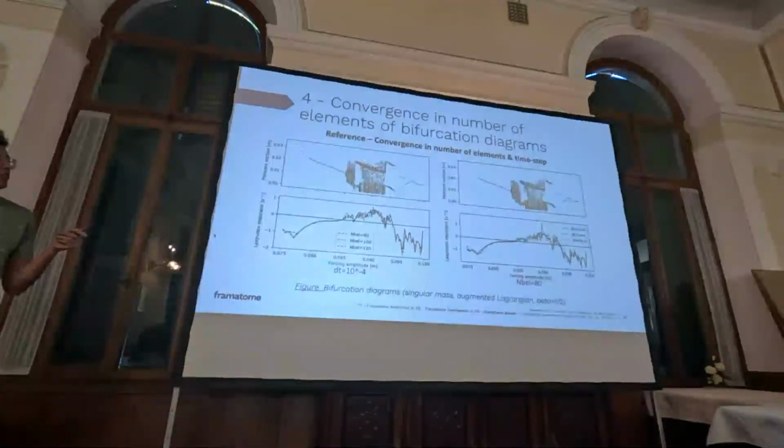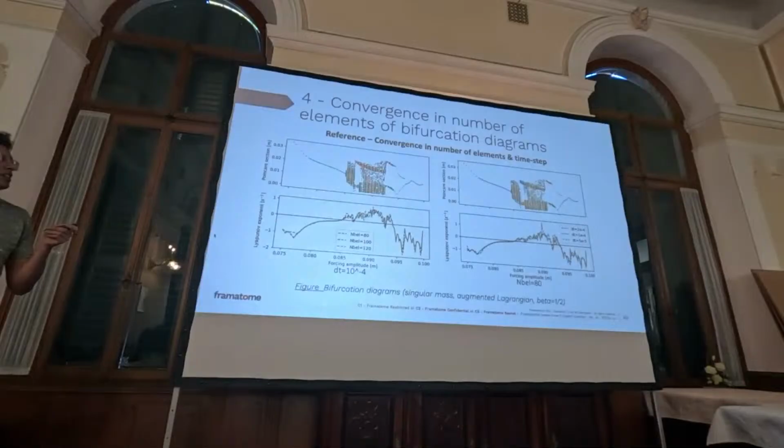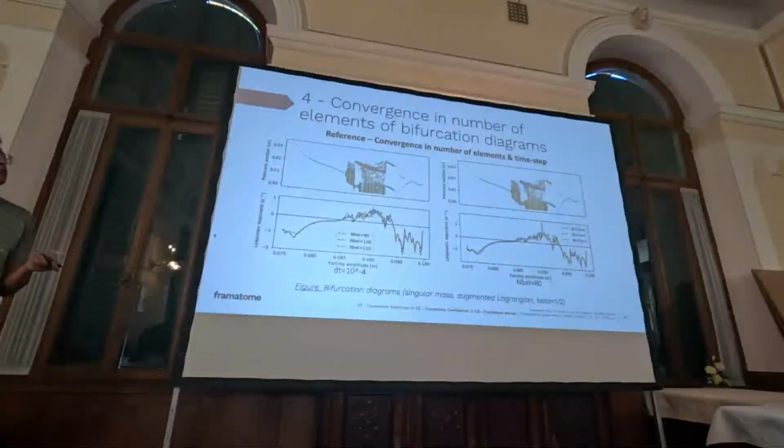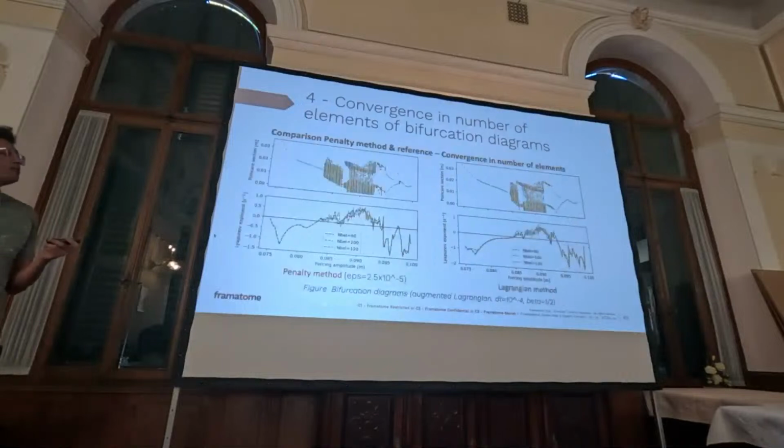And we can see the connection with the Poincaré section as for the amplitude, that when we have a shape that is not punctual, it's associated to a positive Lyapunov exponent. The same for the number of elements and the time step. So we've seen that they converge dynamically in that regard.